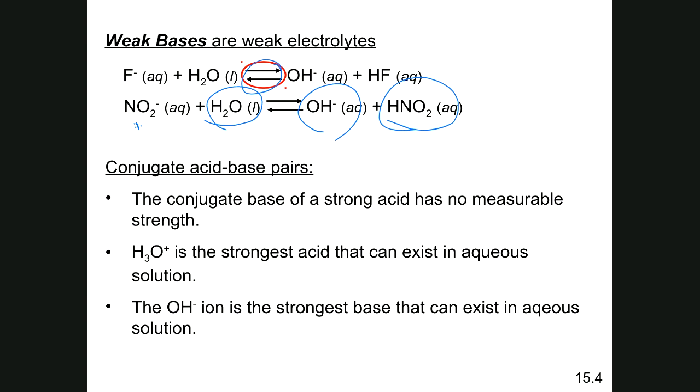The conjugate acid-base pair: the stronger the acid is, the weaker the conjugate base is going to be. H+ is the strongest acid and hydroxide ion is the strongest base in aqueous solution. So we have a strong base here. That means the conjugate acid is the weak acid.